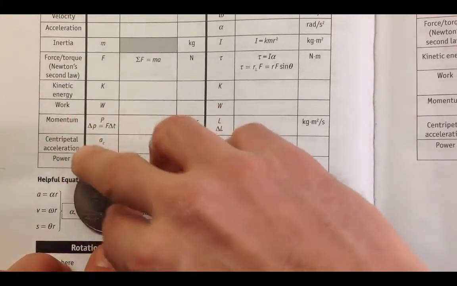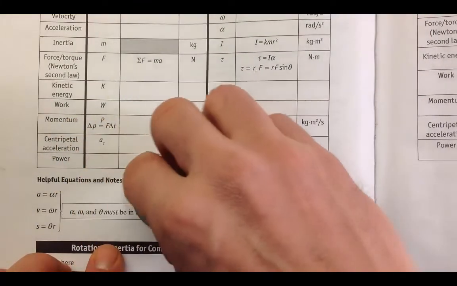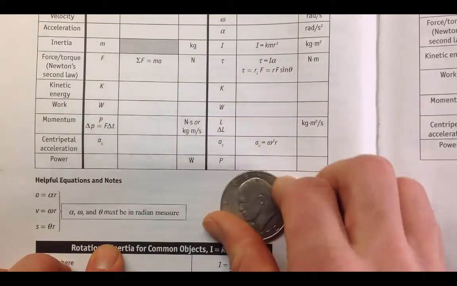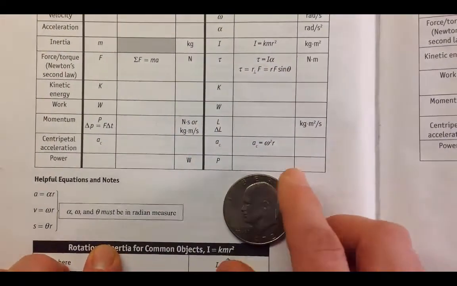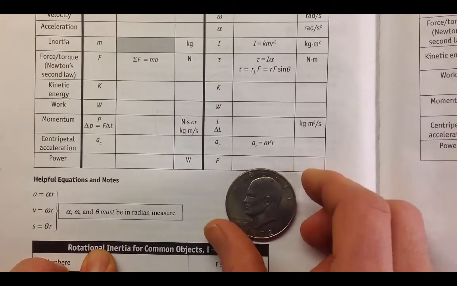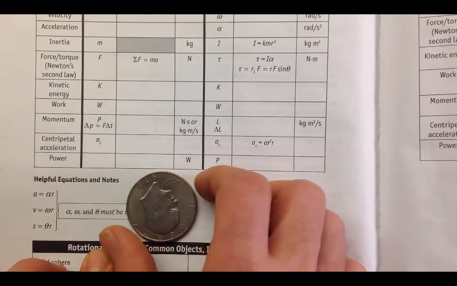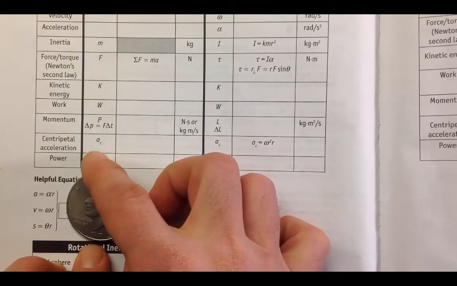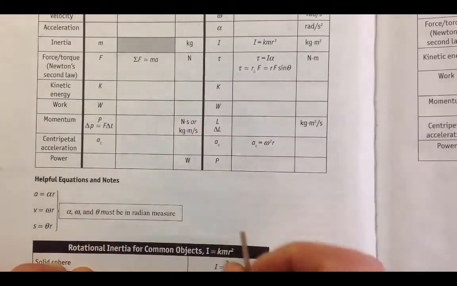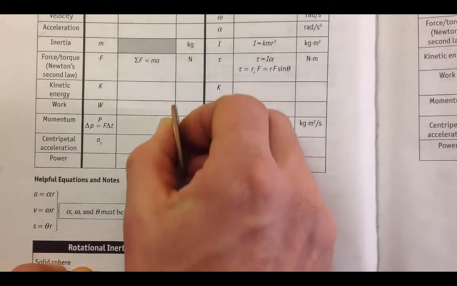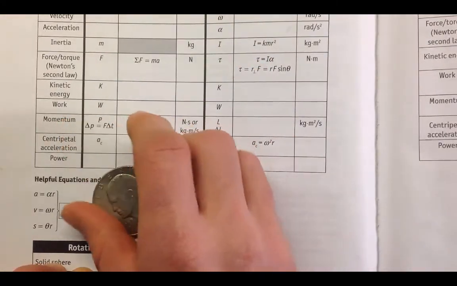If I roll it one complete revolution, how far has it gone? The only way we can answer that question is if we assume that when we roll it across the ground, it doesn't slip. Many problems will say to assume it's not slipping.